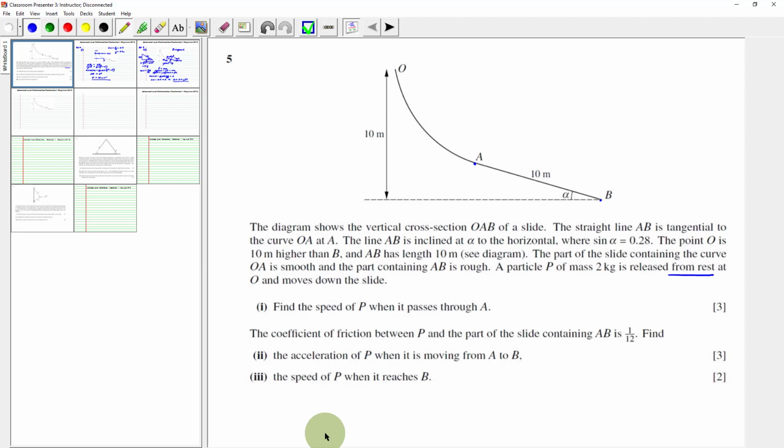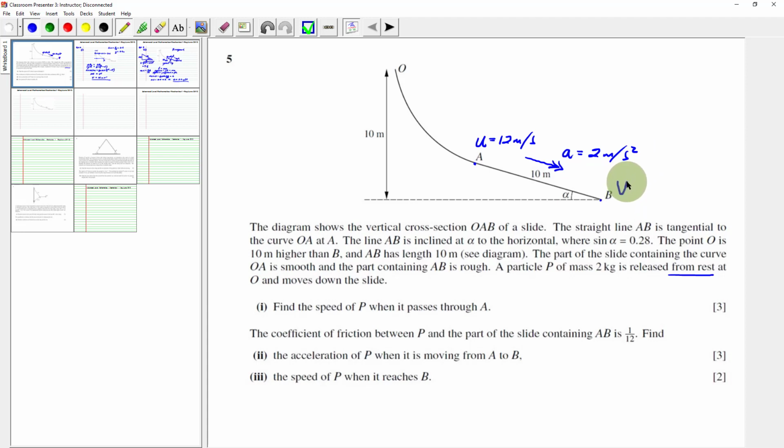So first of all, we observe that the speed it had at this point is 12 meters per second. The acceleration it has down the incline is 2 meters per second squared.